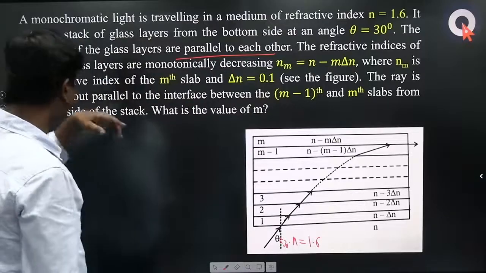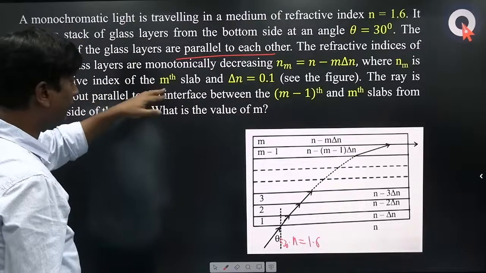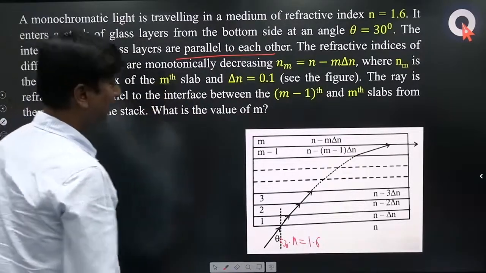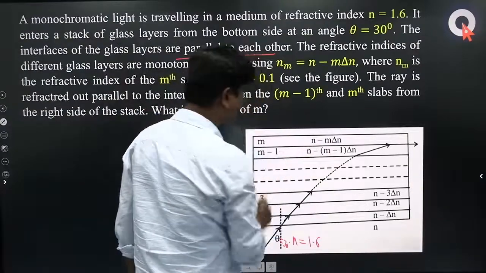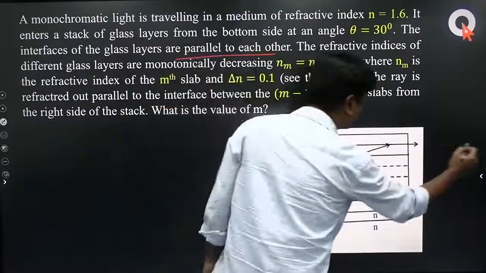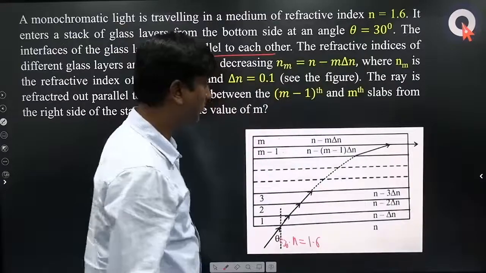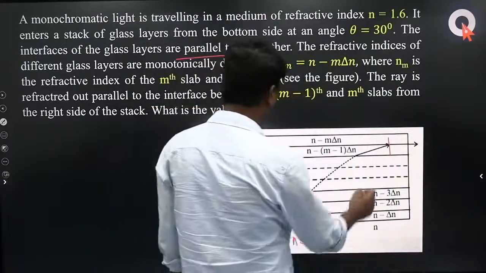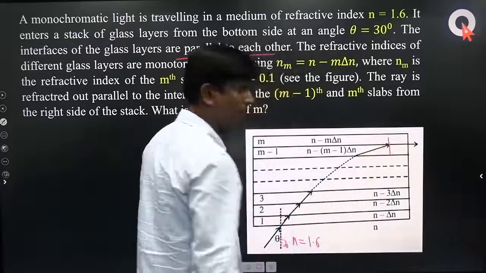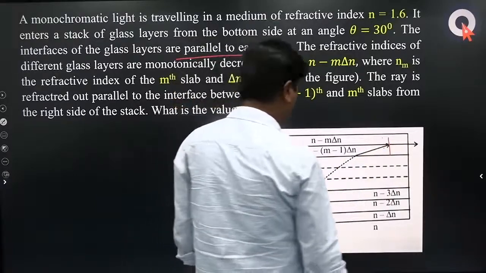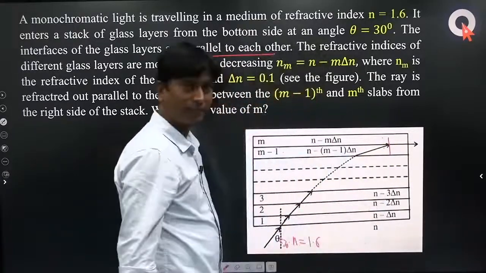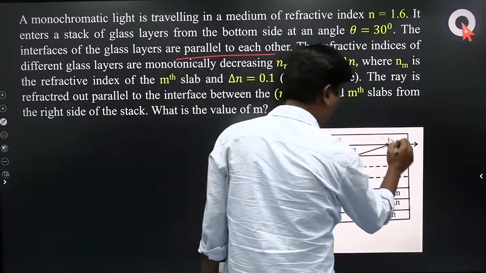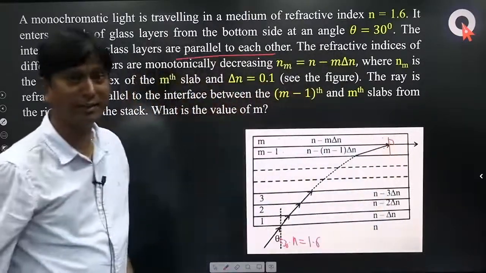The ray is refracted out parallel to the interface between the m minus 1th and mth slab. So this is the m minus 1th slab, this is the mth slab, and here it is coming out like this. That means whenever it is entering into m from m minus 1, it has an angle of refraction of 90 degrees.